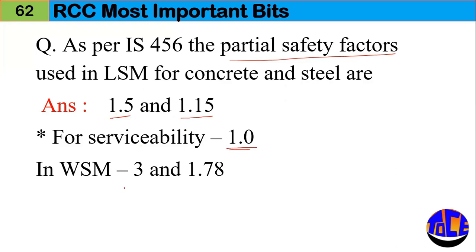In working stress method, for concrete we will be taking 3 as the partial safety factor, and for steel 1.78.